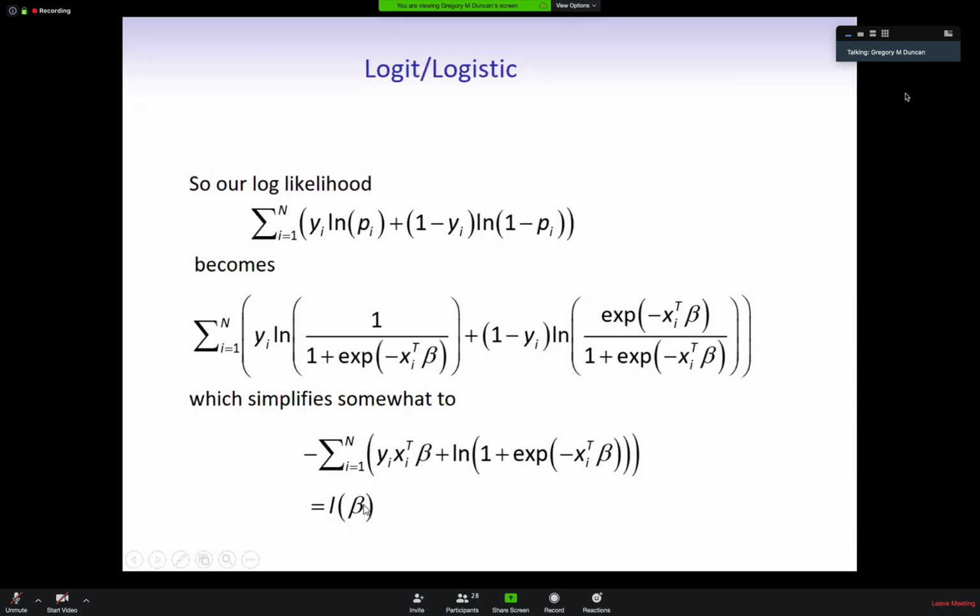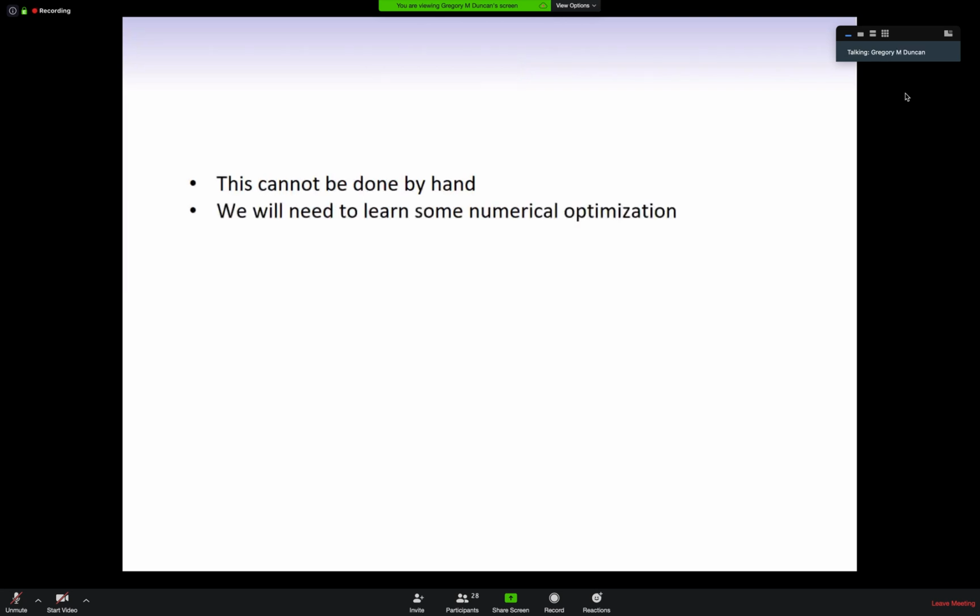And that's what our log likelihood is. And we're going to want to choose betas to maximize this. This cannot be done by hand.